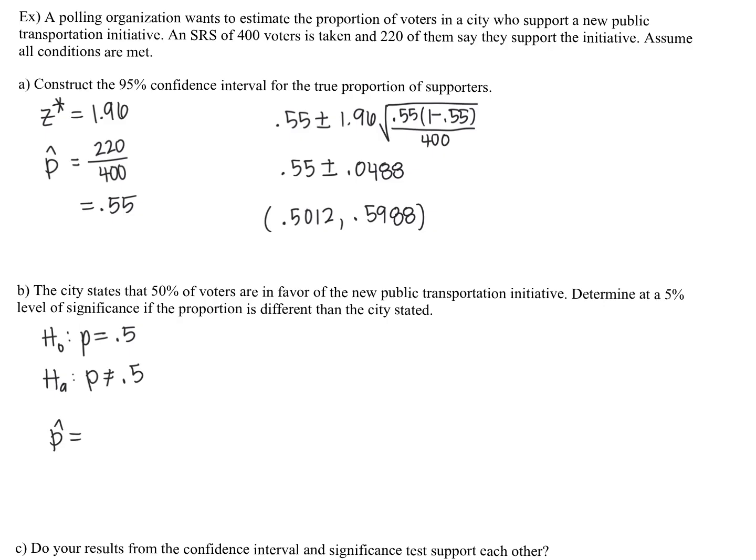We have the same p-hat of 0.55. When we calculate our test statistic, we do 0.55 minus 0.5 all over the square root of 0.5 times 1 minus 0.5 all over 400.